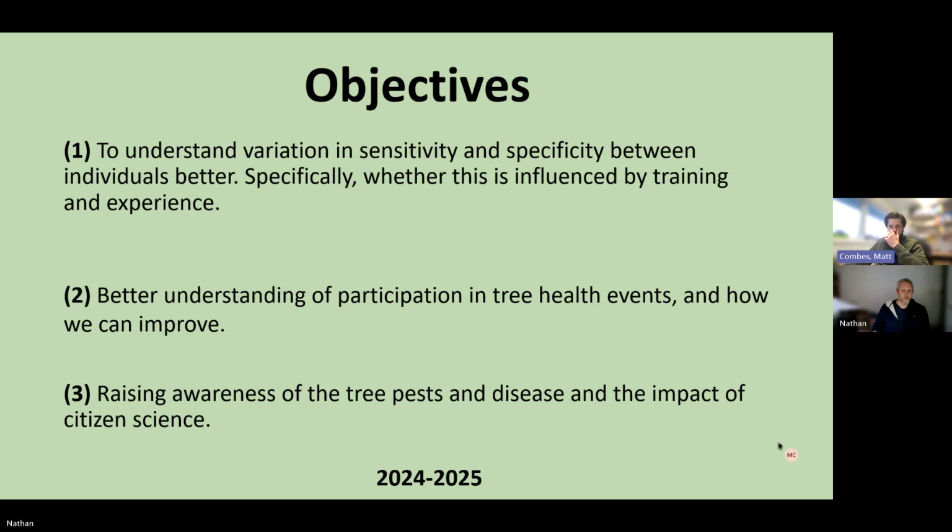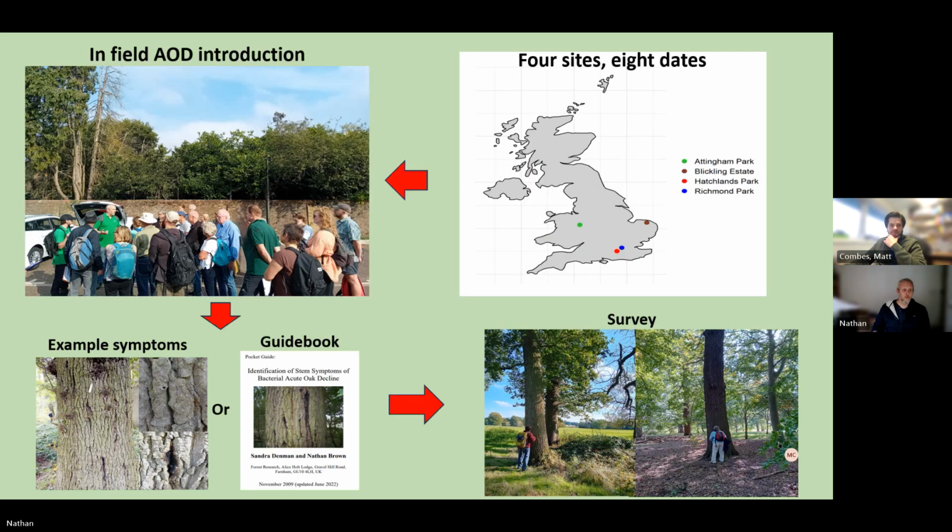So if we move on to the next slide, Nathan. Brilliant. Recapping what we did, we had 4 different survey sites across 8 dates, which was fantastic coverage and great attendance. At each of these sites, Nathan's survey is long term, so again, as close to a gold standard as we can get.